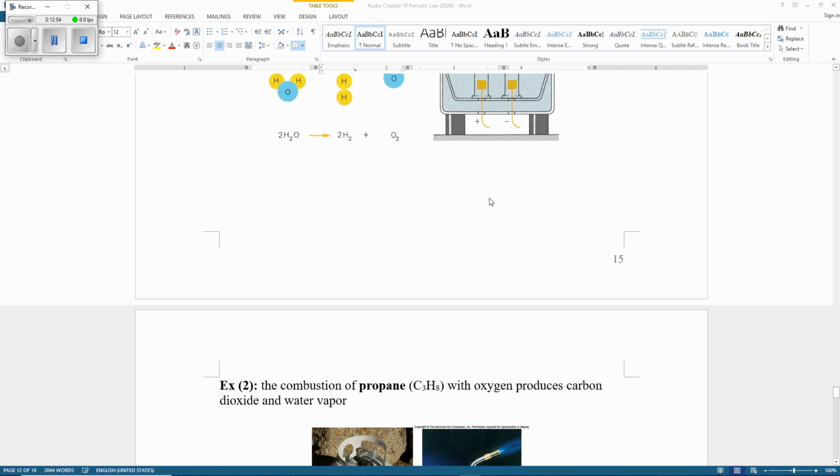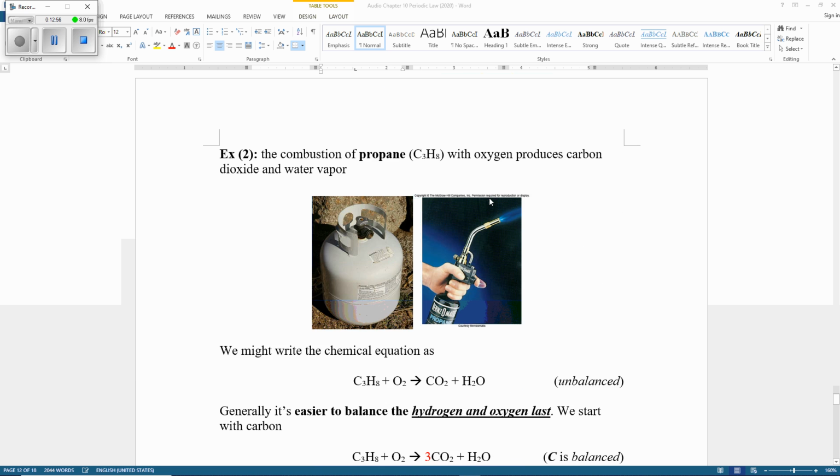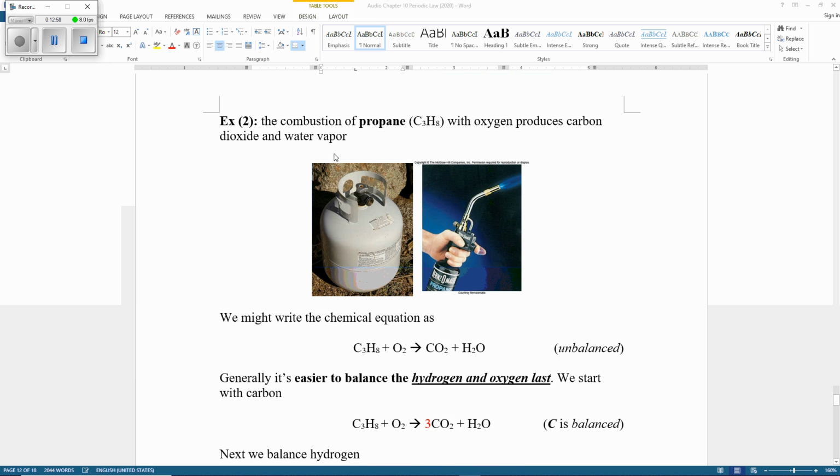Okay, so now we discuss another example. We use propane, that's natural gas. The propane molecule has 3 carbon plus 8 hydrogen. When this propane gas is burning, what happens?